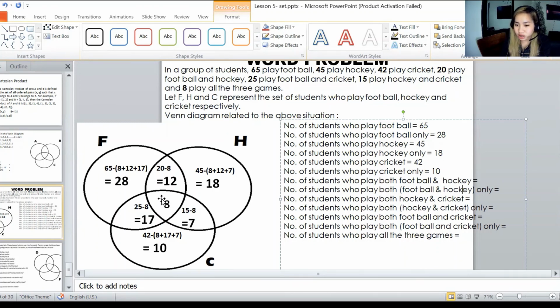Kasi po, dito sa 8, meron din mga estudyante na 8 na naglalaro din ng football tsaka hockey. Tapos, ito 12. So, 12 plus 8 is equal to 20. So, meron tayong 20 estudyante na naglalaro ng football at hockey kasi po, pinag-add natin yung 12 tsaka 8. Ito po, football and hockey only. Mga naglalaro ng football and hockey lang daw po.